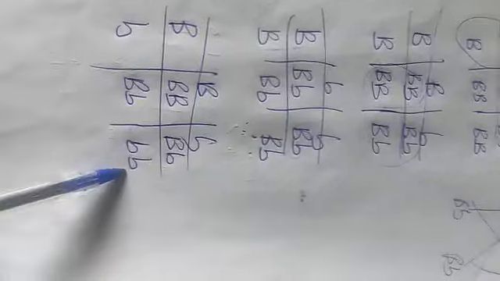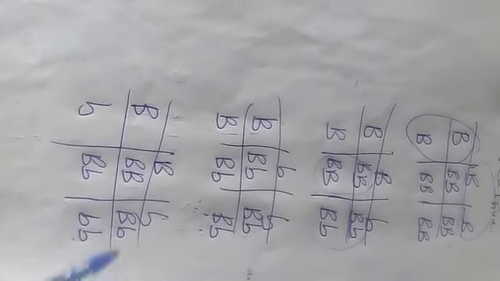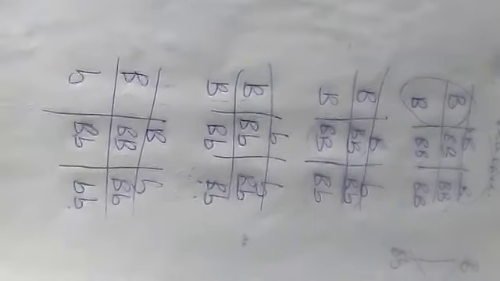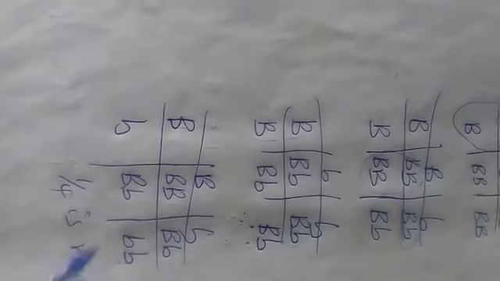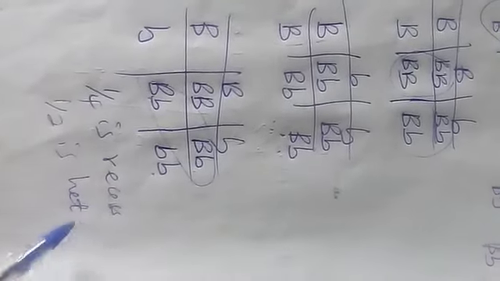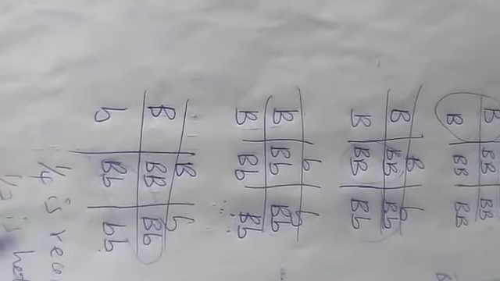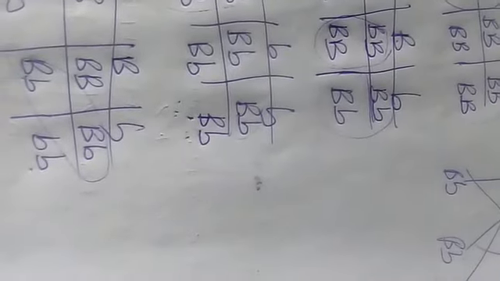So you see that one fourth of the trait is going to be recessive, half of the trait is going to be heterozygous, and one fourth again is going to be homozygous dominant.